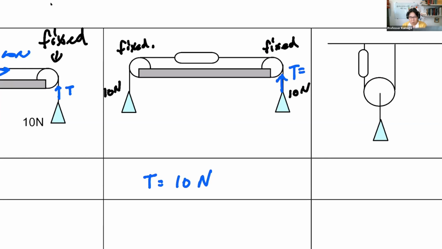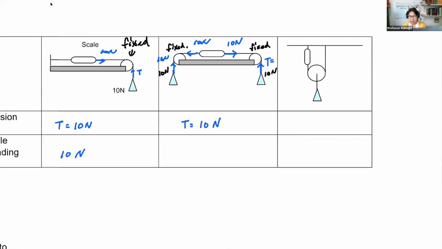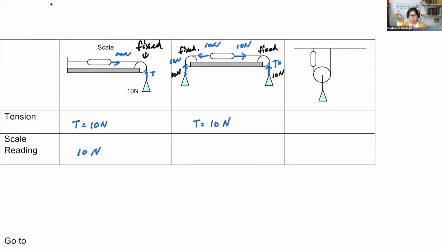Wait, so 10 Newton here, then it should be 10 Newton, 10 Newton here. Therefore, 10 Newton here. What does the scale read? Scale reads also 10 Newton.